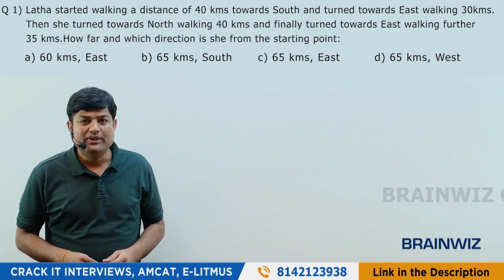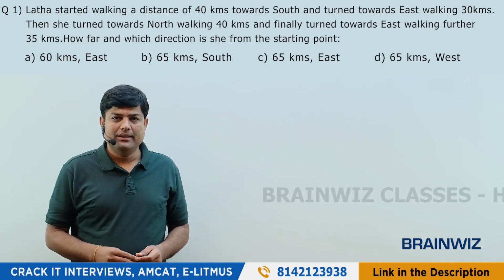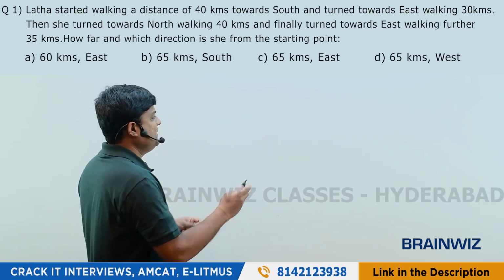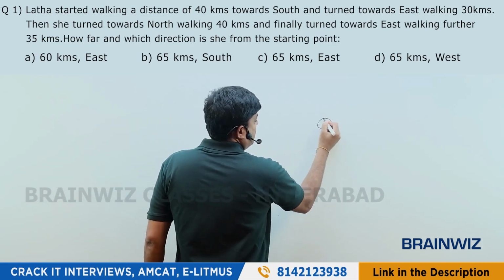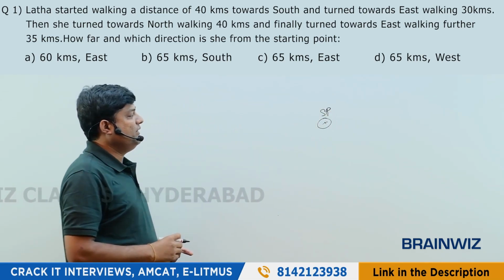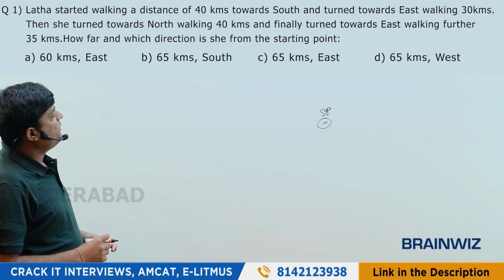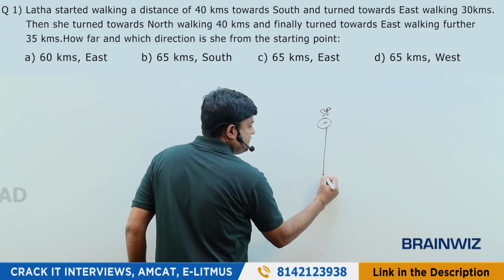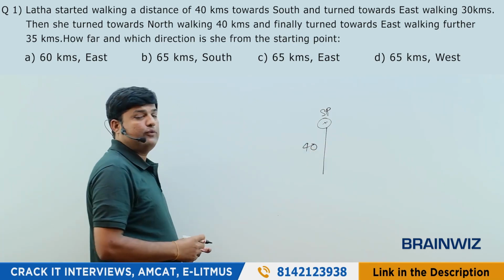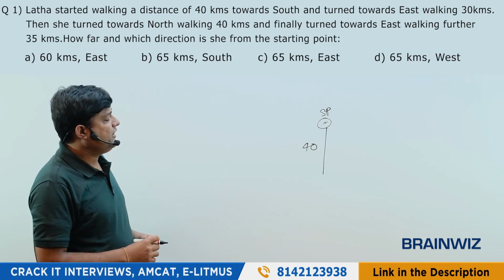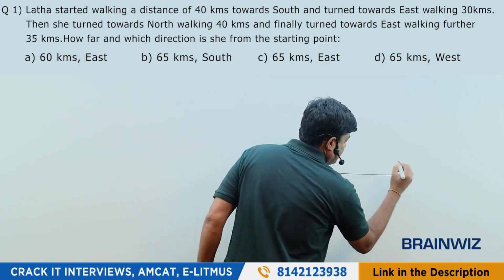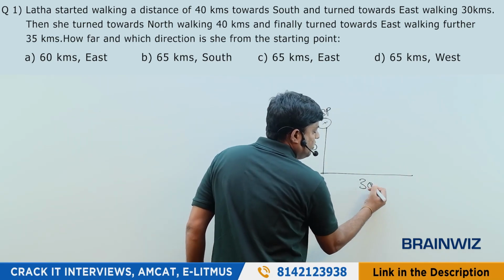Students, let me tell you that there is one diagram method. Let me show you first. Here is Lata. Let's believe this is the starting point of Lata. Lata walked towards south 40 kilometers. Yes, she has gone 40 kilometers. Again she turned towards the east. In the east she has gone 30 kilometers.